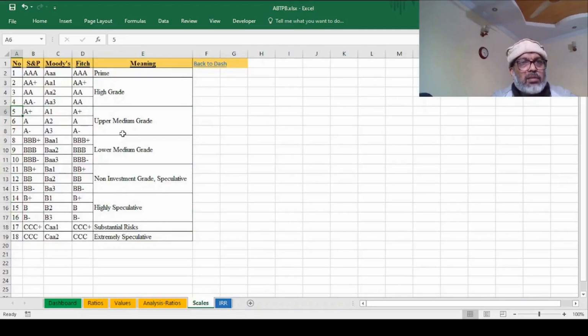Then there are some definitions of the banking rating scales, like what AAA and A mean: prime, high grade, upper medium grade, lower grade, and so on.